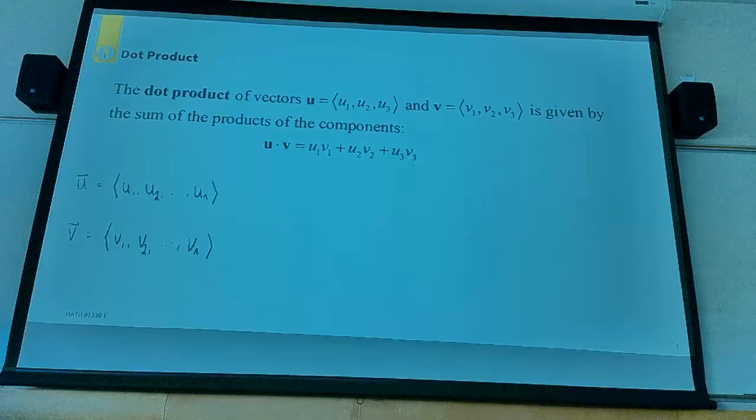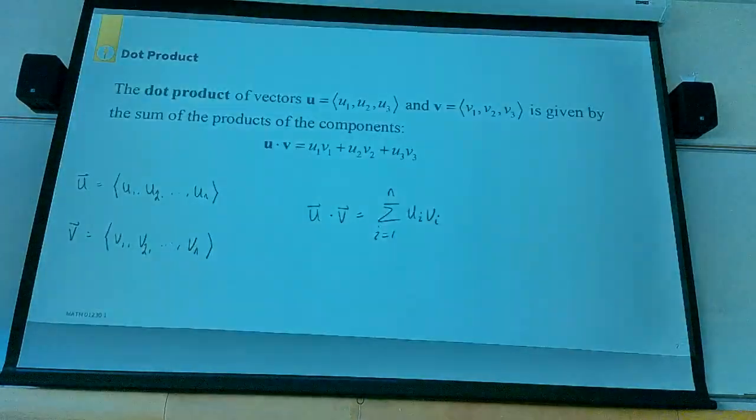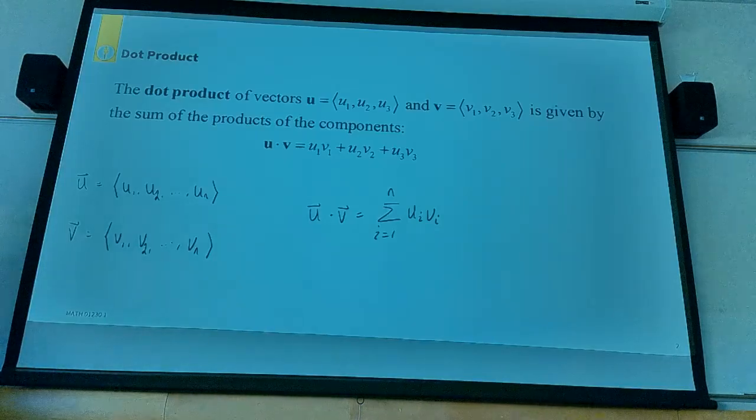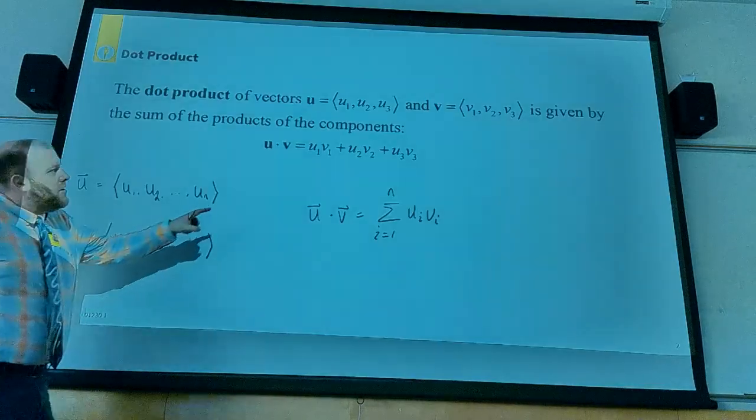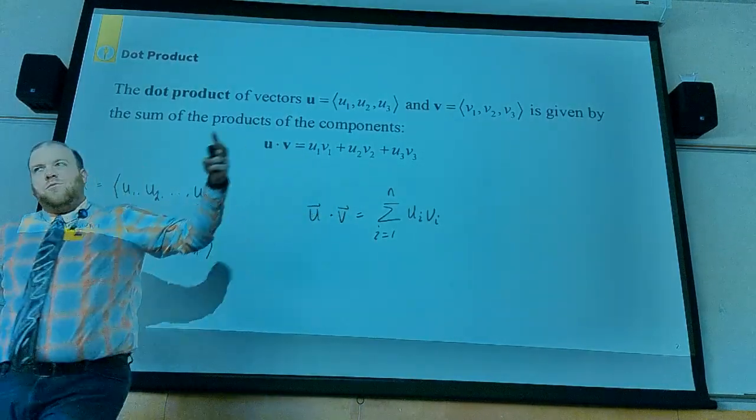We extend this to any size vectors. All you do is multiply corresponding components and add them together. What kind of quantity is this?